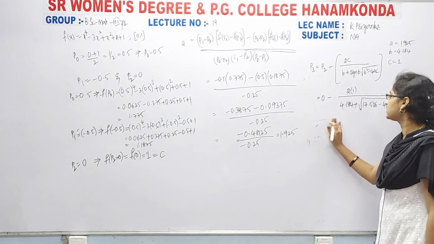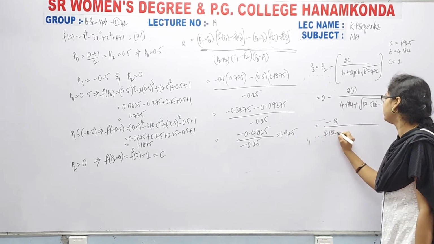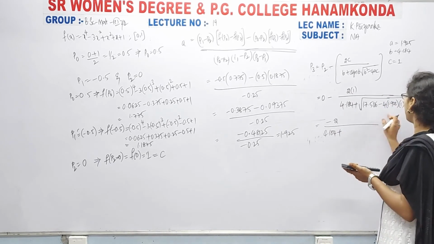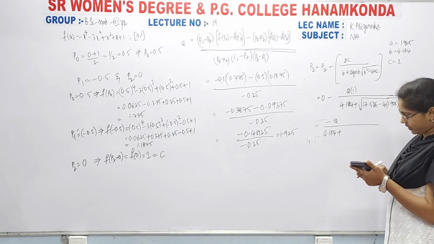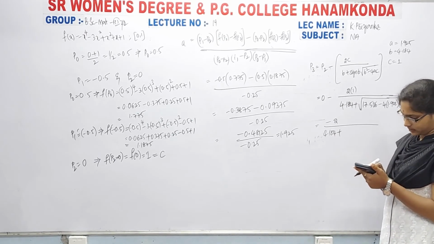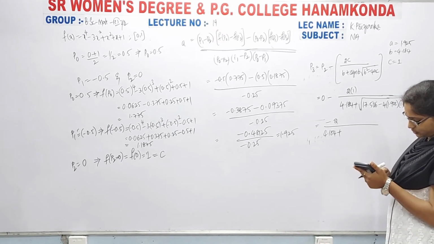Okay. So now it is nothing but minus 2 by 4.184 plus this value, 17.506, minus 4 into 1.925, under root of 9.806.